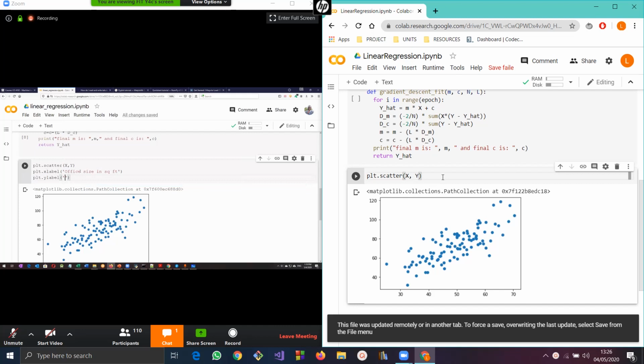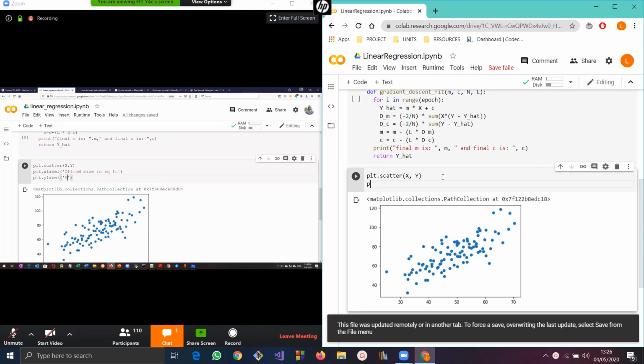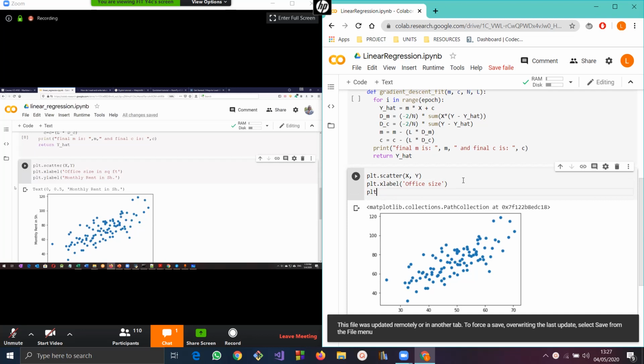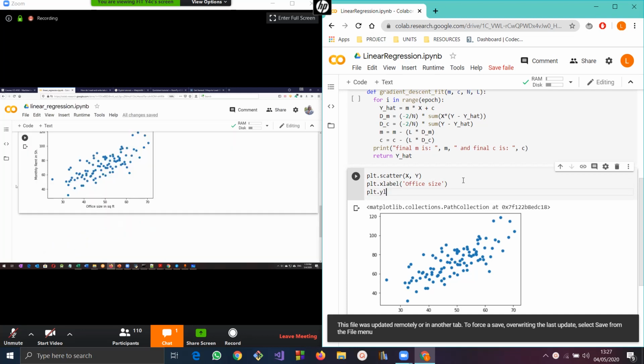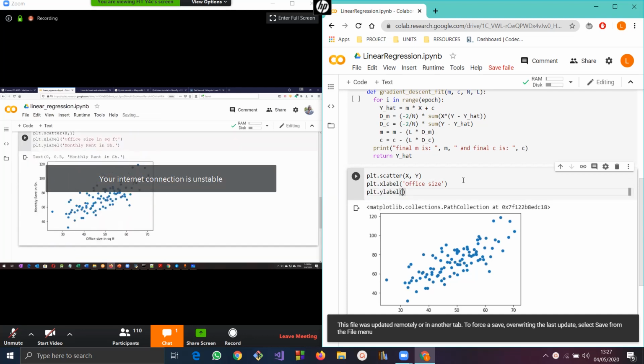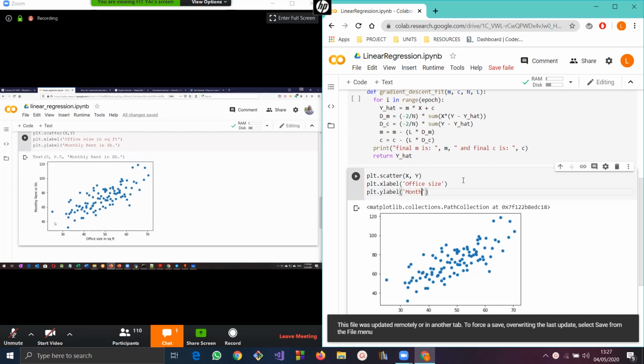And our y was monthly rent in shillings. It's just an easy example. Okay, fine. So you see how now our data set is plotted here. Okay, scattered, just scattered. And we want the line of best fit that best describes this data set.